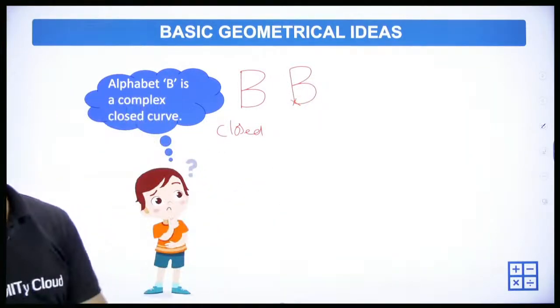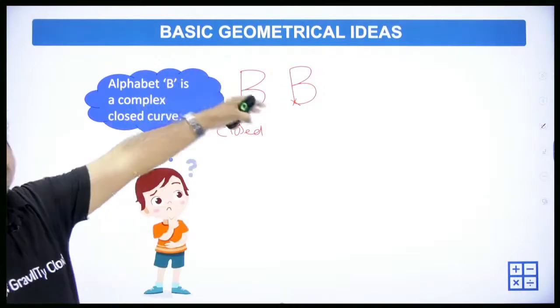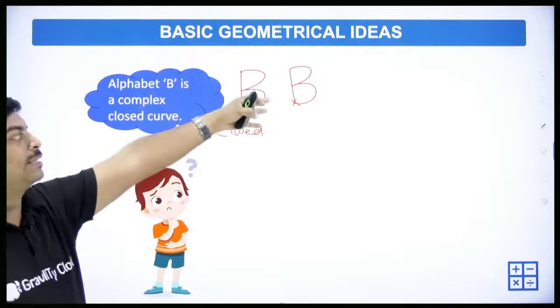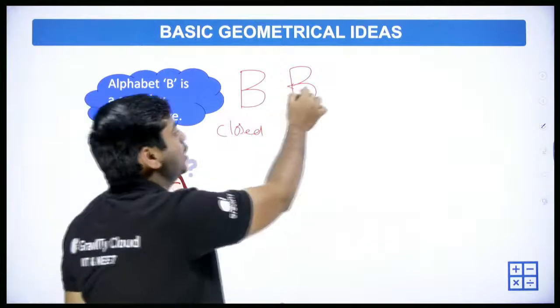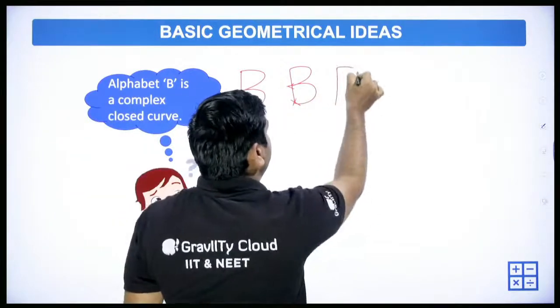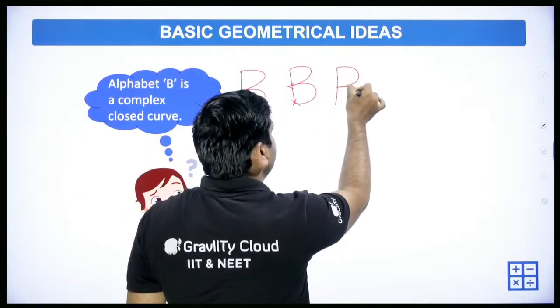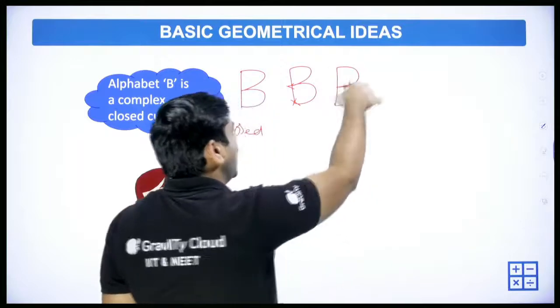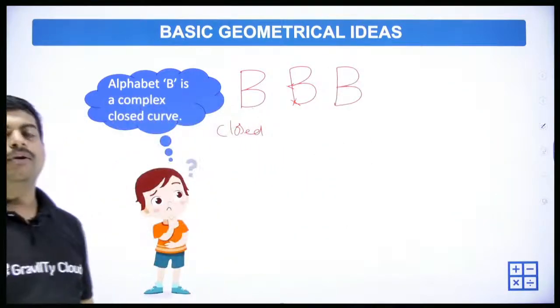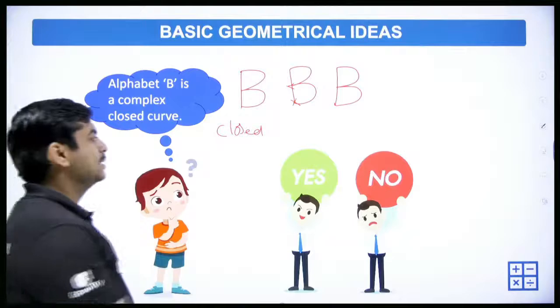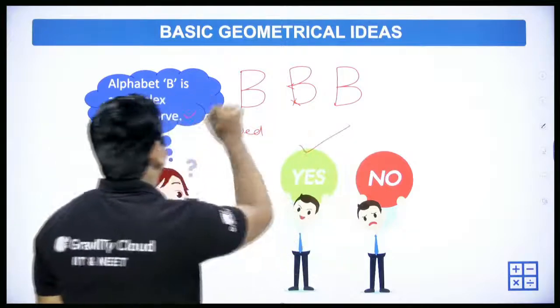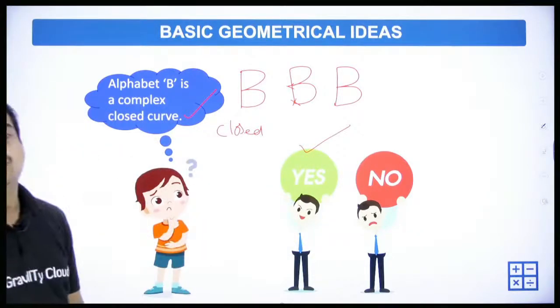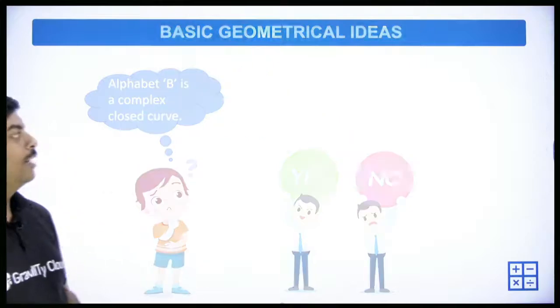Yes, we can say that it is a closed curve, and it is complex. It is coming and meeting again and again, right? So we come to B and go back to the same point, touching a few points and then go down. So the answer is yes, it is a closed complex curve.